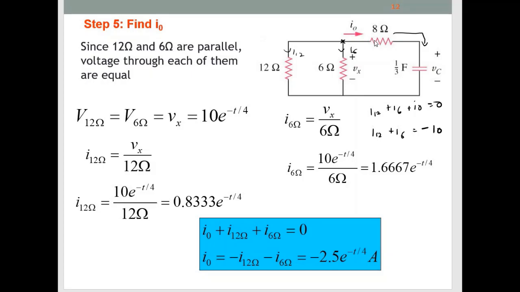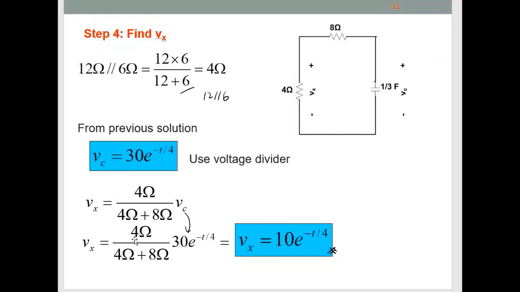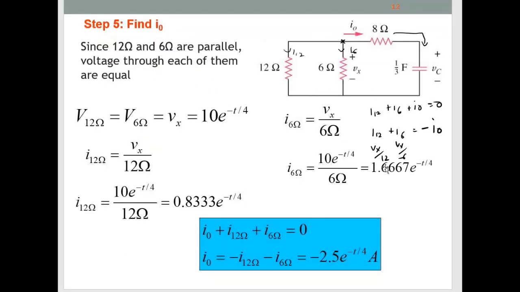Okay, so if this is the same, I just put negative at I0, but this one put negative at I12 and I6. So I12 here is straightforward: Vx you already obtained, Vx over 6 ohm, and this one also Vx over 12. Vx you have calculated. So straightforward.